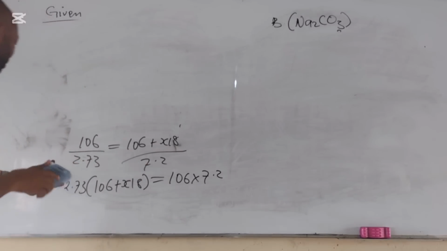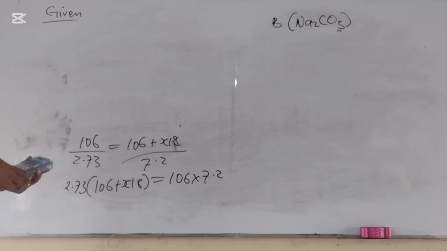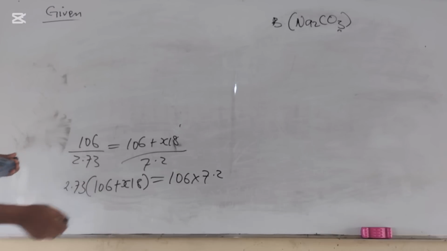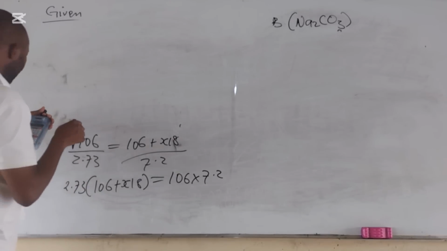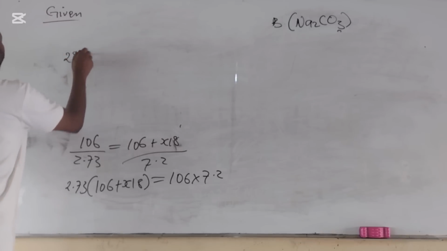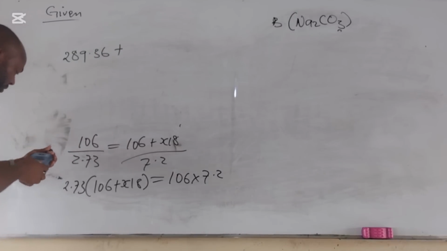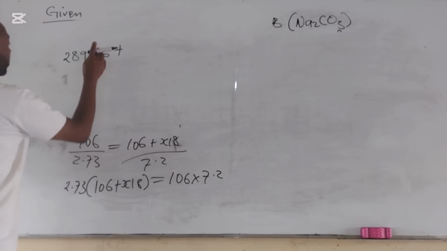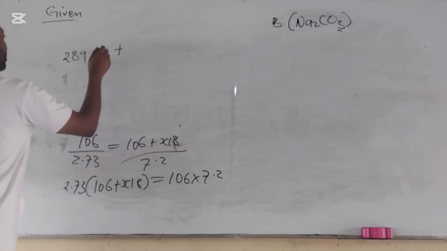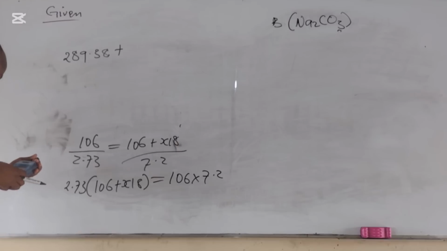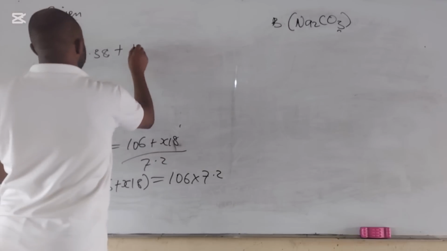Let's proceed. 2.73 times 106 is 289.38, plus 2.73 times 18, which is 49.14X.